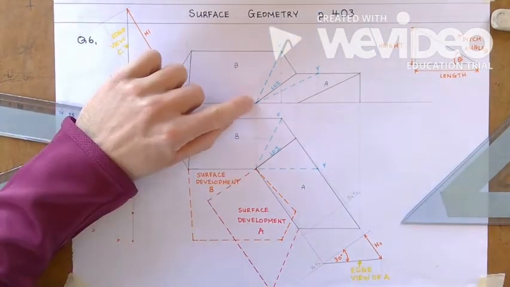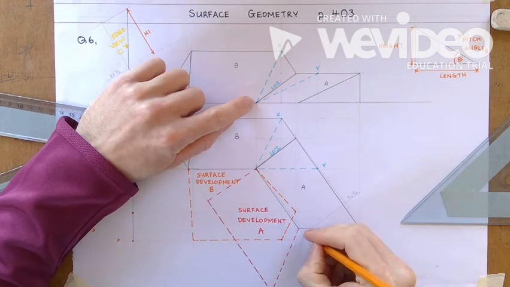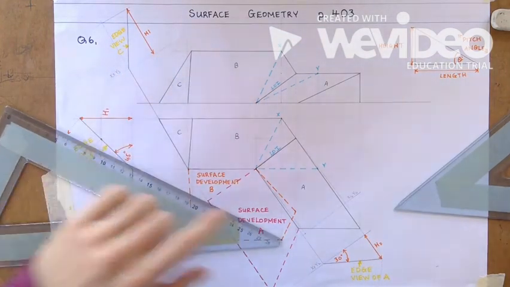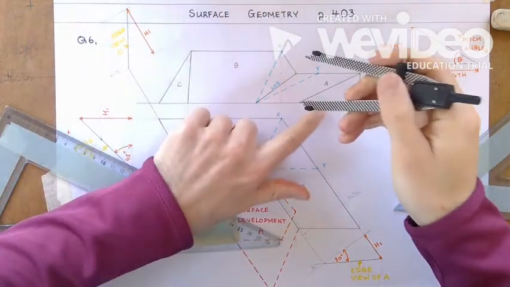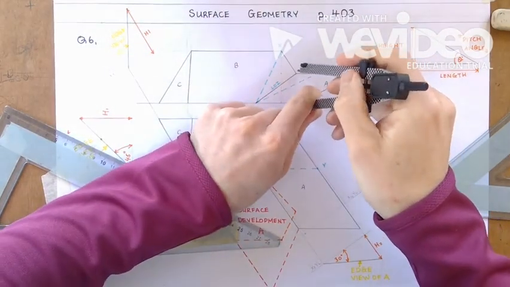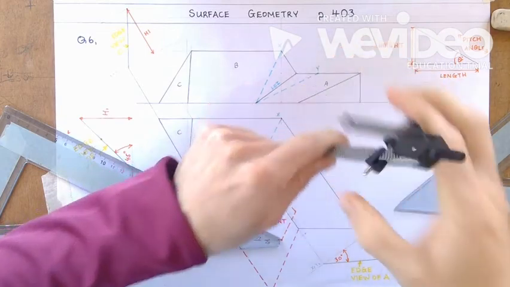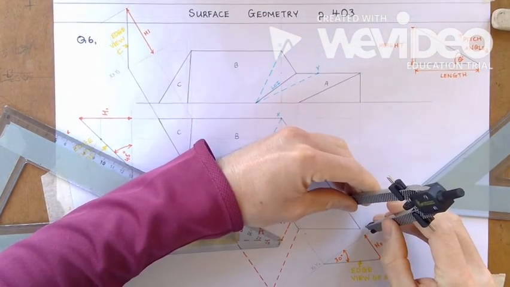So this point here is on the ground, so that's fine there. And now I need to get this point here. So I'm going to get the height of that. Then I'm going to mark that off then in this view.